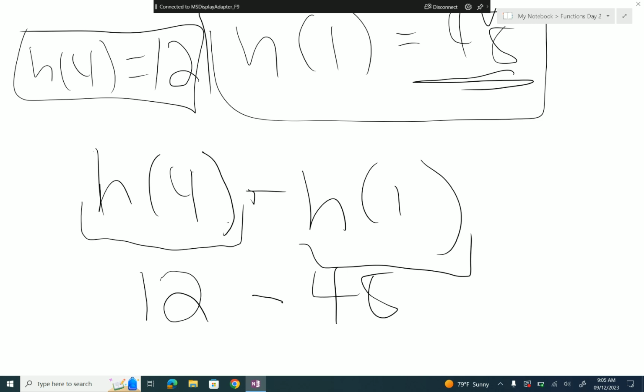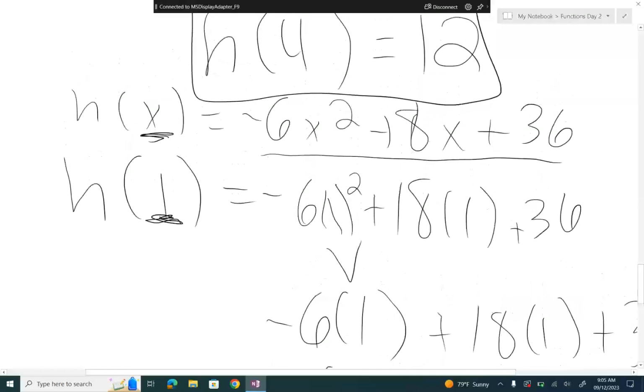Right here. Oh, this one. So we got down to h of 4 was 12 and h of 1 was 48, so we're doing 12 minus 48 to find our final answer.